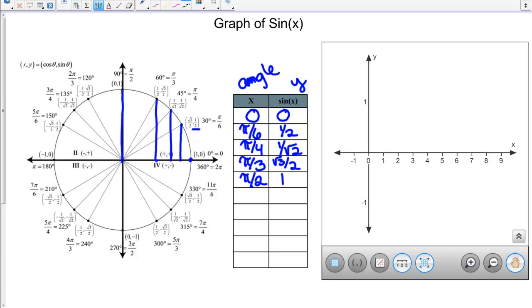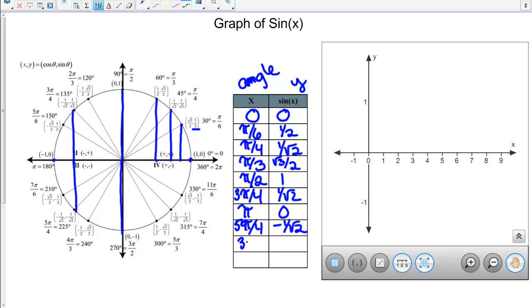And now we're going to just pick a few more points. So at 3 pi over 4, we have a height of 1 over square root of 2. At pi, we have a height of 0. At 5 pi over 4, we have a height of negative 1 over square root of 2.